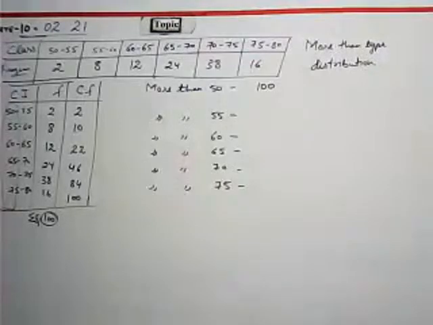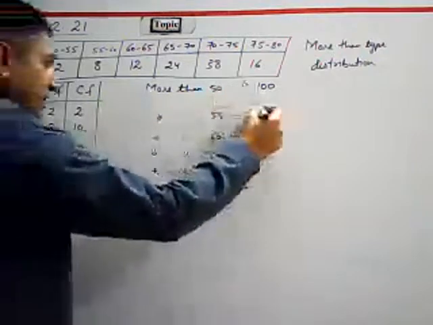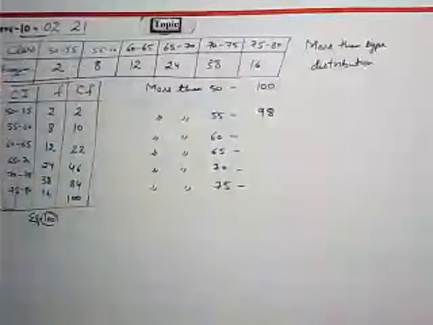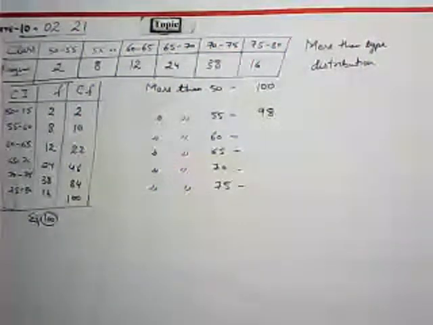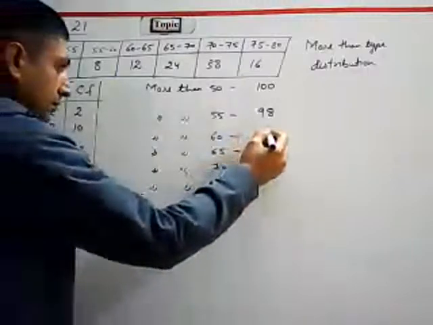Then next we are taking more than 55, 100 minus 2, that is 98, right? Next is more than 60. So more than 60, what we will do? We will subtract 10 from 100, that is 90 here, right?